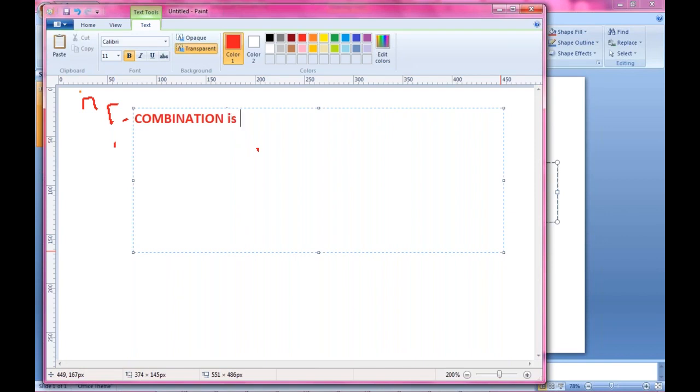Combination is the number of ways of selecting n objects r at a time in a random manner.